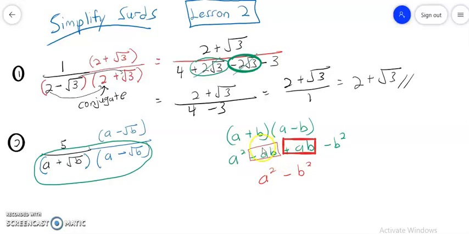It is the same concept: a multiplied with a gives a square, square root of b multiplied with square root of b gives b, and positive multiplied with negative gives a negative answer. Let us try a few more questions to make us familiar with this concept.